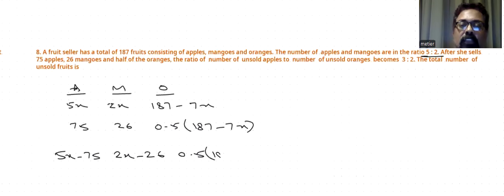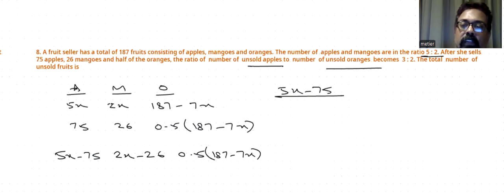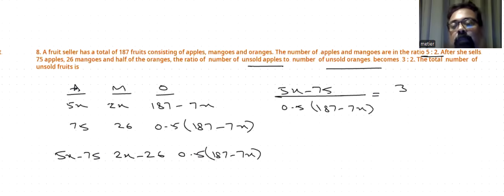Now, what data are we getting here? The unsold apple and orange ratio is given. The unsold apple, 5x minus 75. Unsold orange, 0.5 into 187 minus 7x. This is given as 3/2. 0.5 is 1/2. The numerator will be multiplied by 2.